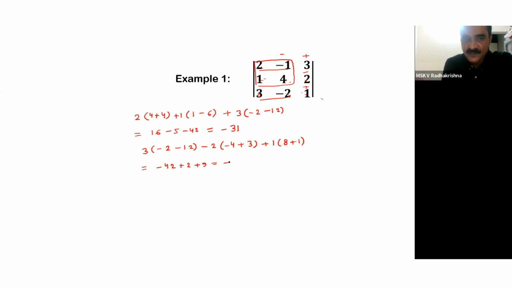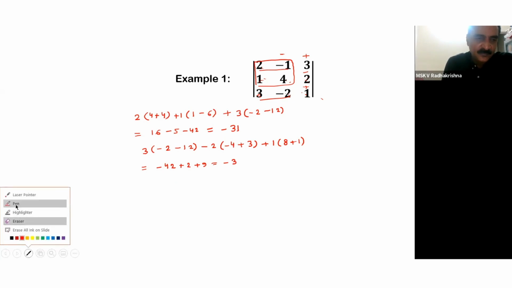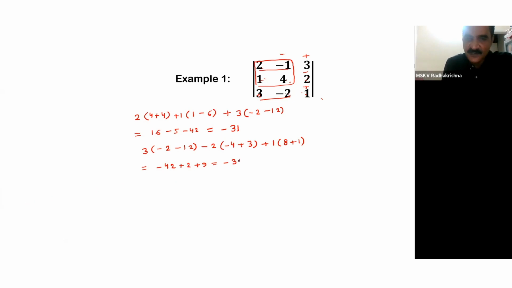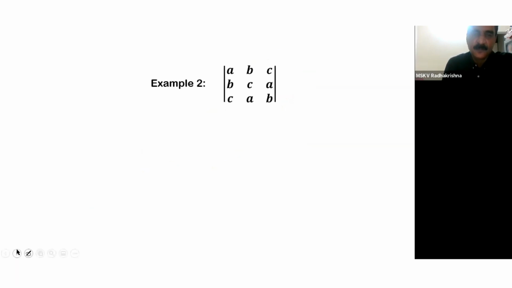What is the value finally? Same value, minus 31. Okay. So by expanding the determinant using any row or any column, you will get the same value. All right. Next example.